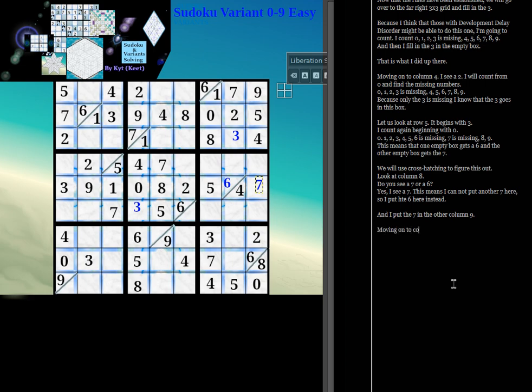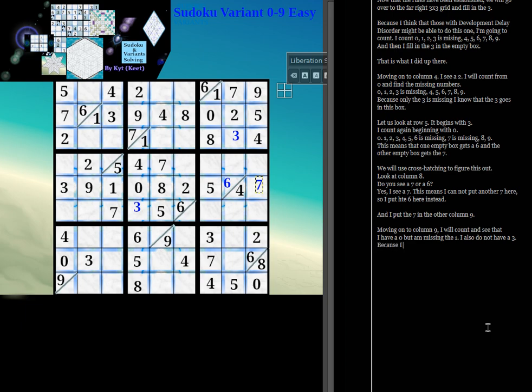Moving on to column 9, I will count and see that I have a 0, but am missing the 1. I also do not have a 3.